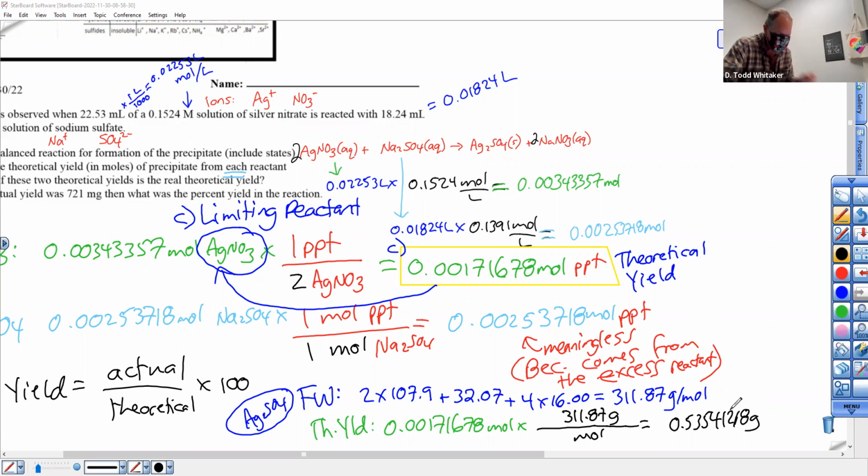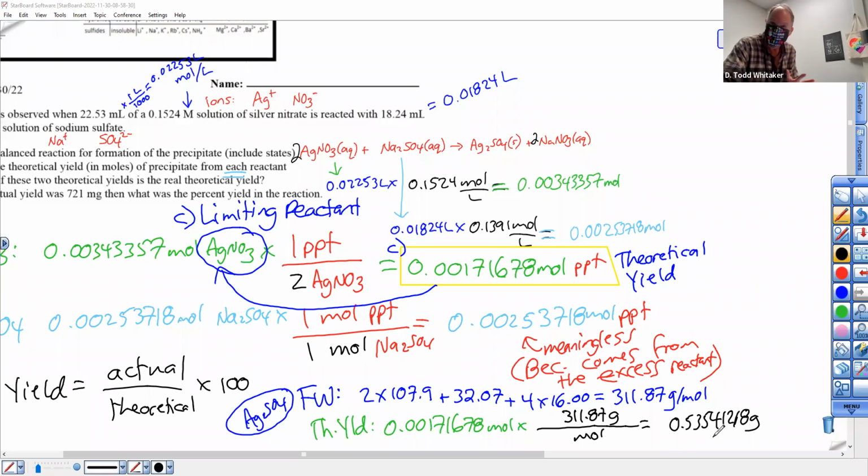I noticed this happens a lot when I make up these questions right before class, and I do my best to make sure you don't get more than 100% yield. I failed. This is 535 milligrams. I hope you agree. You can't get more than 535 milligrams in this question. It's impossible.